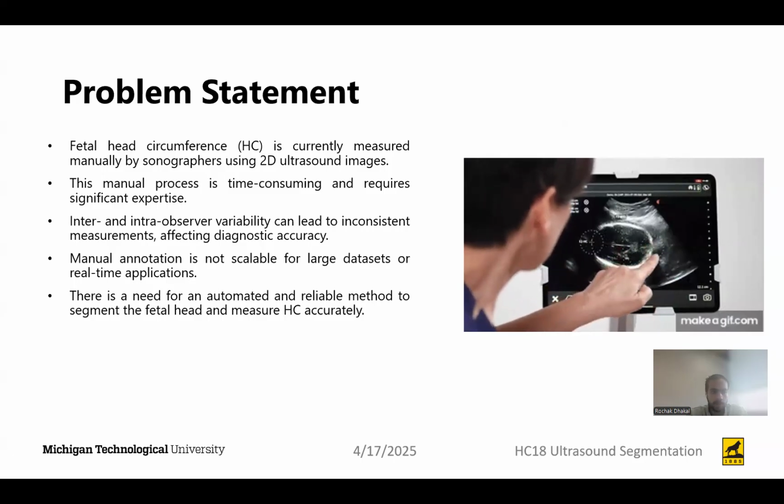There is a risk of intra and inter observer variability. The manual annotation is not scalable for large datasets or real-time applications. So there is a need for an automated and reliable method for segmentation of the fetal head and to measure the head circumference accurately.